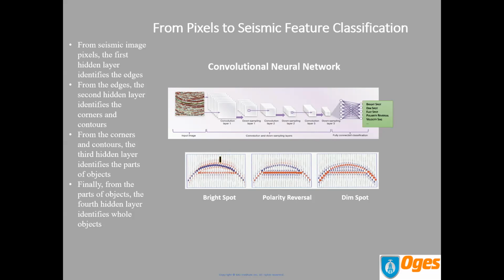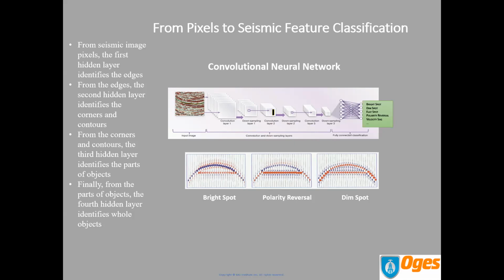But what we traditionally do is interpret the seismic wavelet looking for seismic attributes like phase and amplitude, etc. But can we identify this bright spot just by looking at the pixels and the pictures? This is what we're trying to do: teach this convolutional neural network to identify this bright spot or this polarity reversal based off of the pixels.